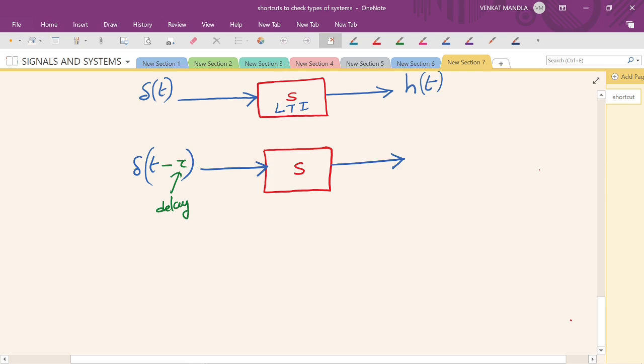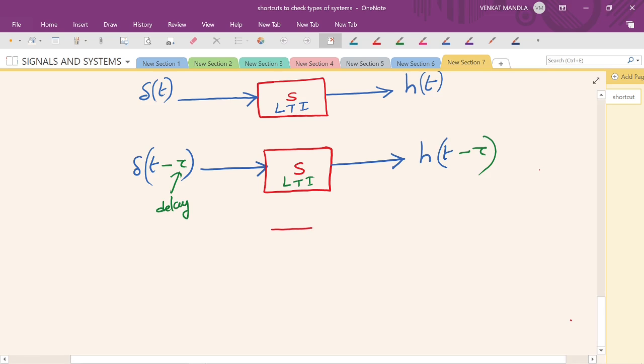Because it is an LTI system, linear time invariant, the output also should be delayed by the same amount. This is h of t and it must be delayed by the same amount, h of t minus tau, because it is a time invariant system.